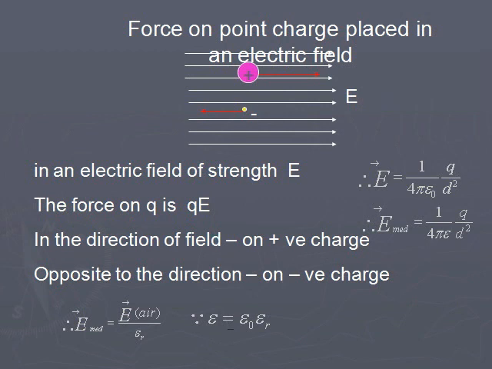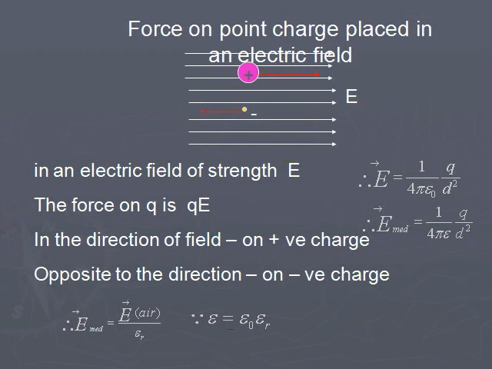In a medium of permittivity epsilon, if the charge Q is situated in that medium, the field strength created is 1 by 4 pi epsilon Q by d square.